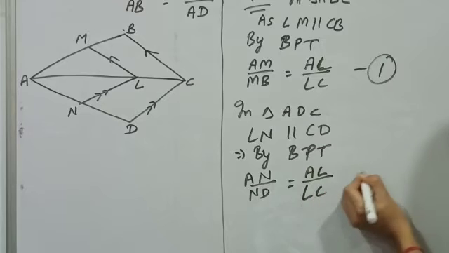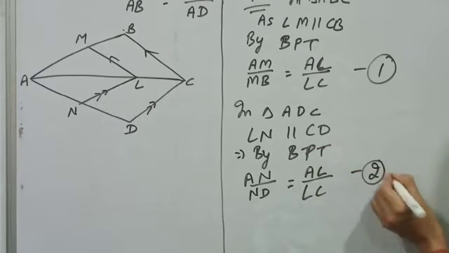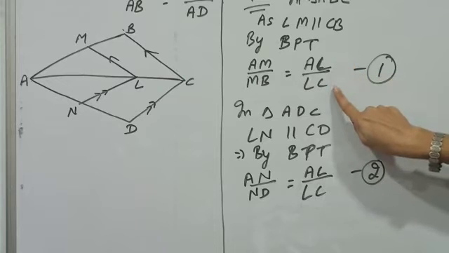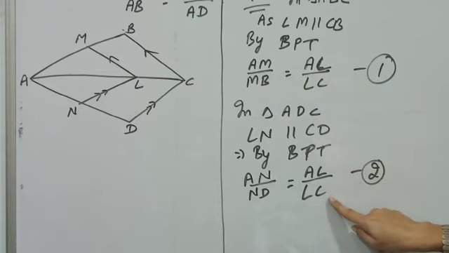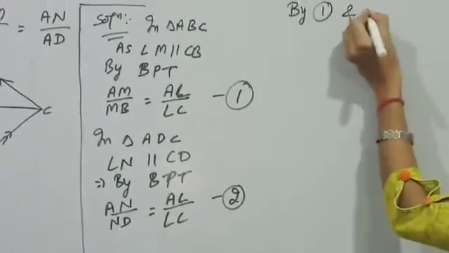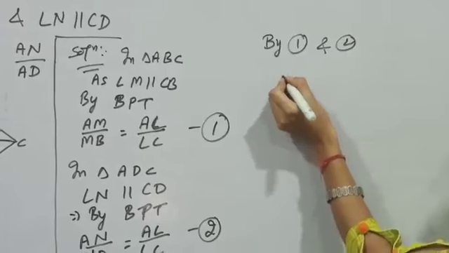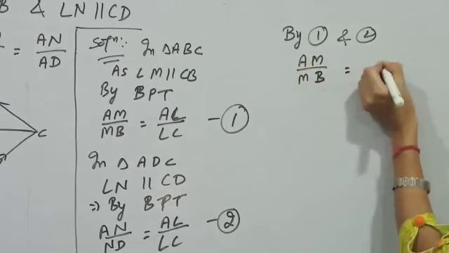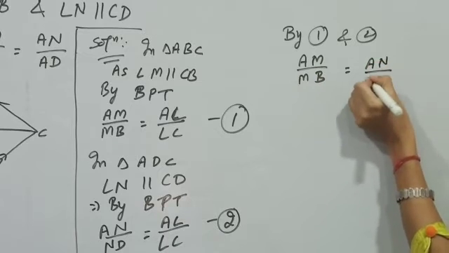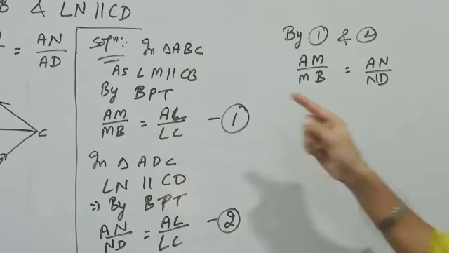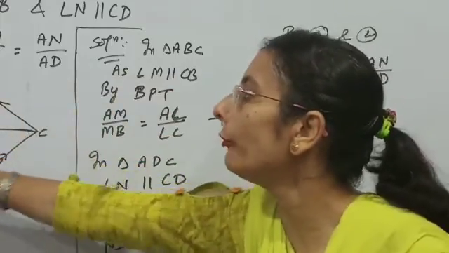This is the second part. By these two parts, AL upon LC is equal to both, so by the first and second, AM upon MB is equal to AN upon ND. Now we have approached up to here, but we need AM upon full AB.